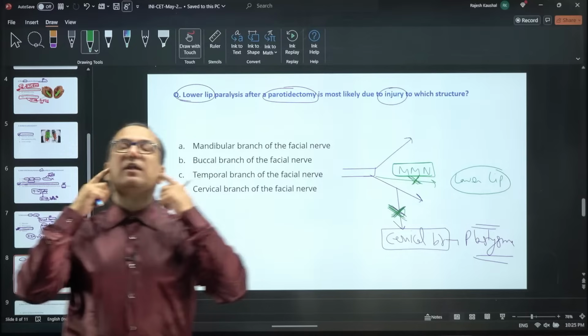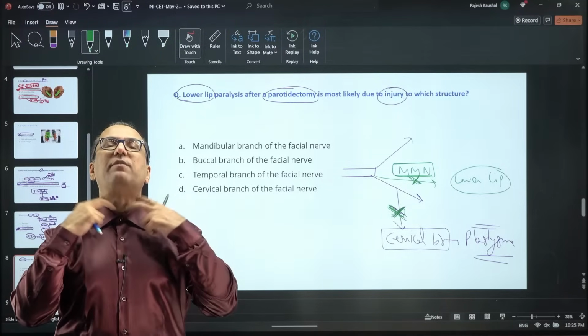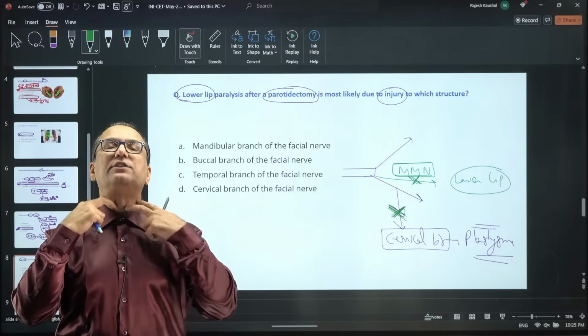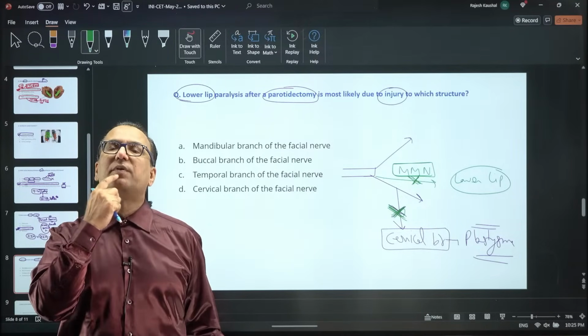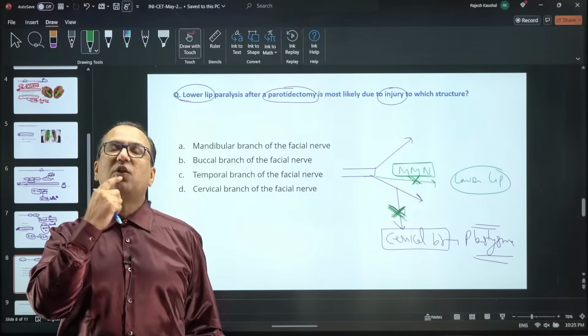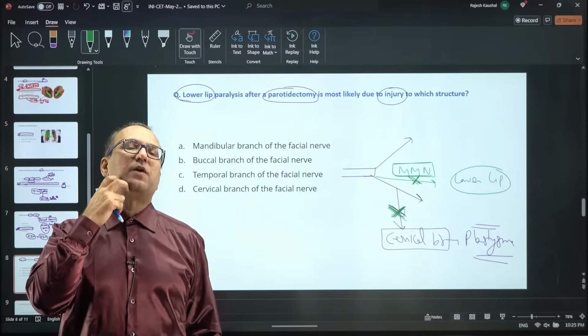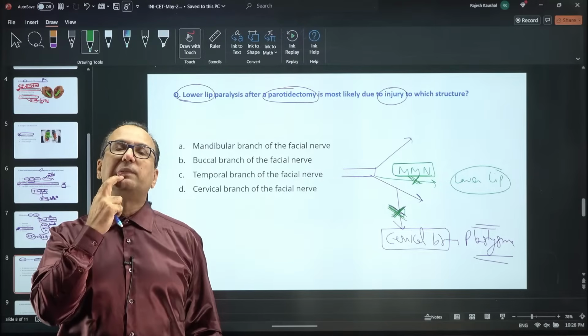If you damage the cervical branch, the platysma will be paralyzed, and if the platysma is paralyzed, again there will be a lower lip movement problem. Lower lip can go into paralysis. Why? Because the platysma also controls the movement of the lower lip.